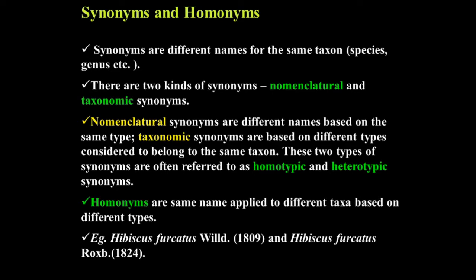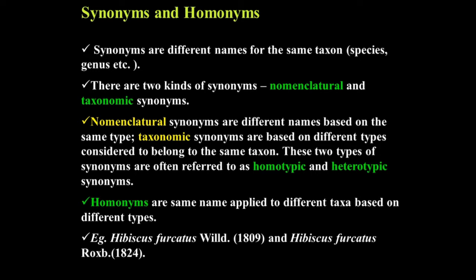Such names are known as nomenclatural synonyms. So nomenclatural synonyms are different names based on the same type, and taxonomic synonyms are based on different types considered to belong to the same taxon. They are published based on different types, and they are usually known as superfluous names. Superfluous names arise when an author gives a name for a taxon which already has an earlier published name.